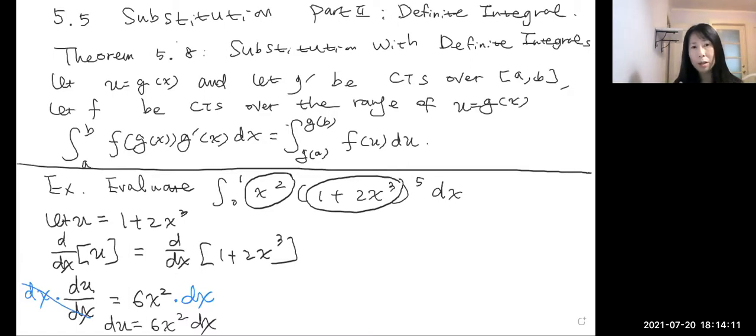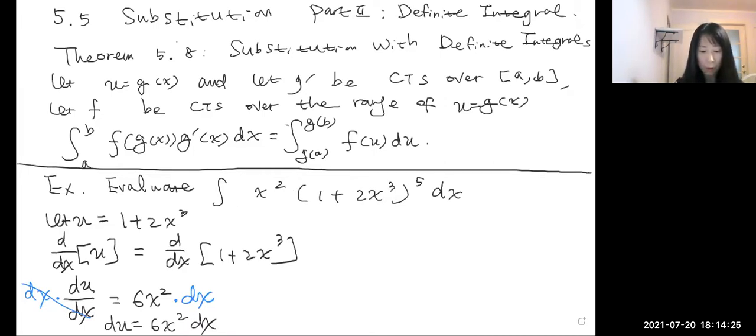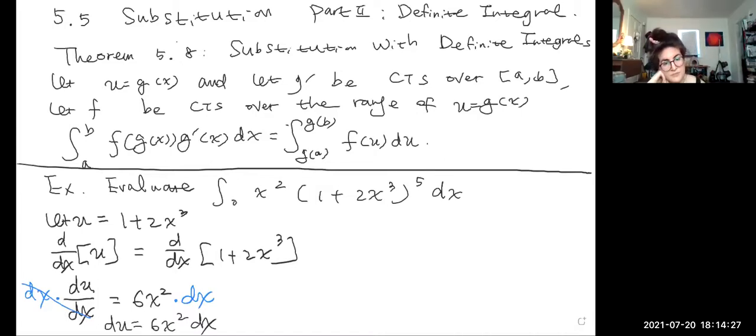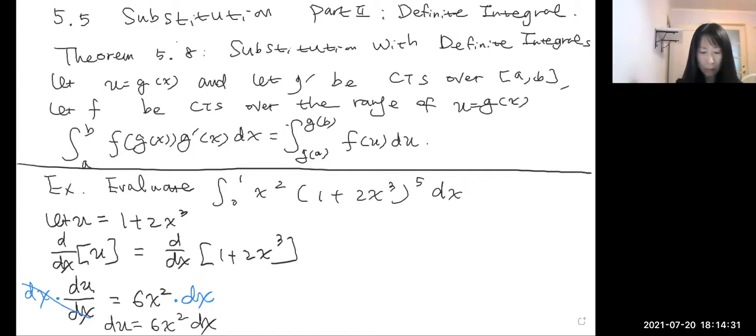No. We only see x squared dx, not 6x squared dx, right? So we divide by 6 on both sides.